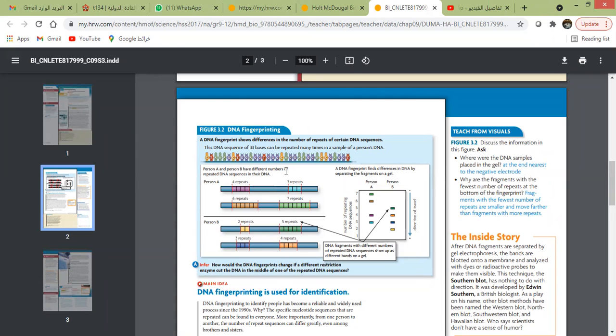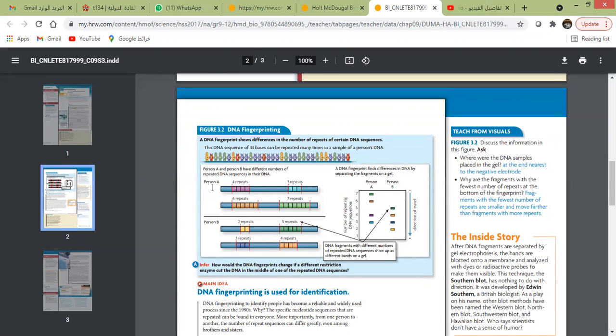The number of repeats is different from one person to another. Each small purple square here is 33 bases. This non-coding part of DNA may be found in different copies, repeating differently in different persons.